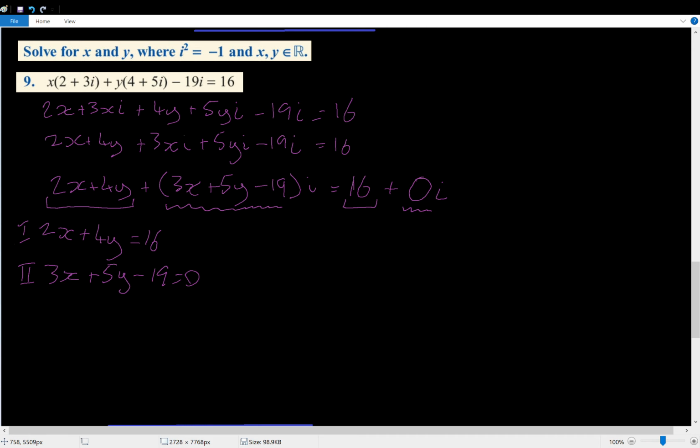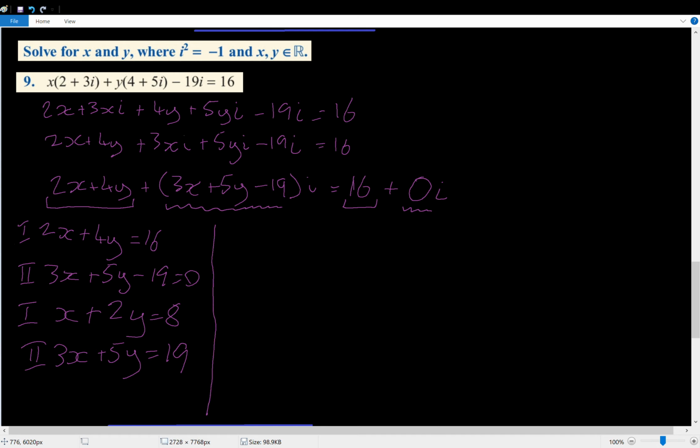To make this a little bit easier on ourselves, we're going to tidy up both equation 1 and equation 2. Equation 1 can be divided by 2 straight across, and in equation 2 we're going to move that minus 19 over to the other side. So now our equations are going to become x plus 2y is equal to 8, and 3x plus 5y is equal to 19. So those are now our two equations, and we're going to try and solve them simultaneously.